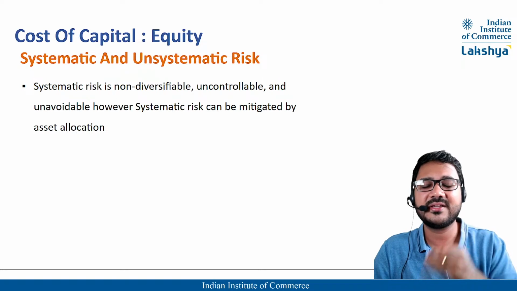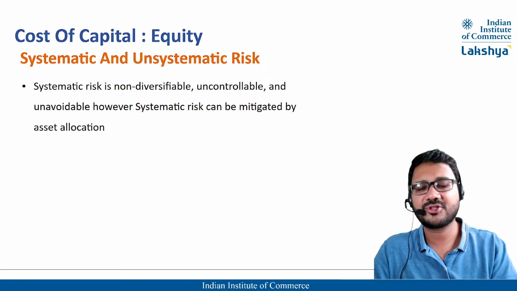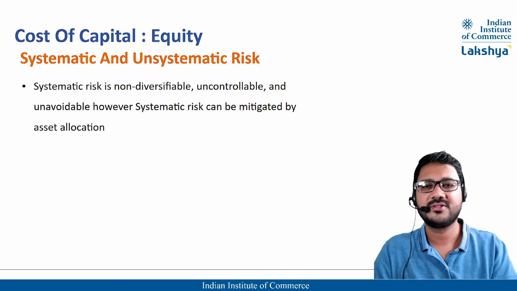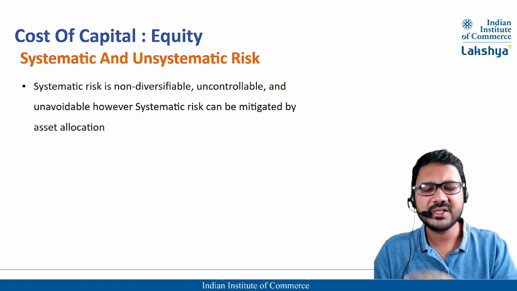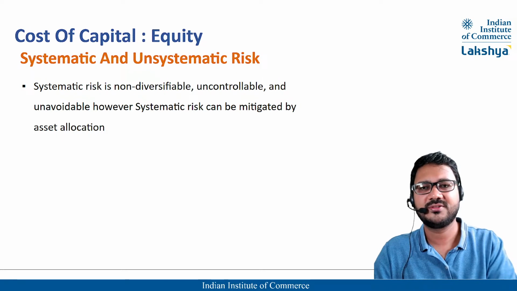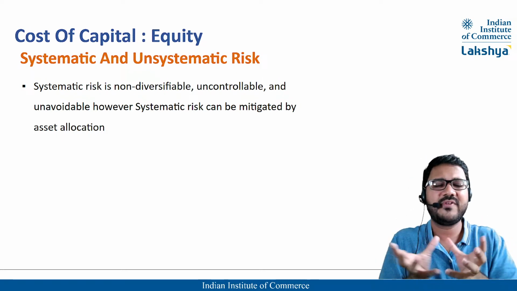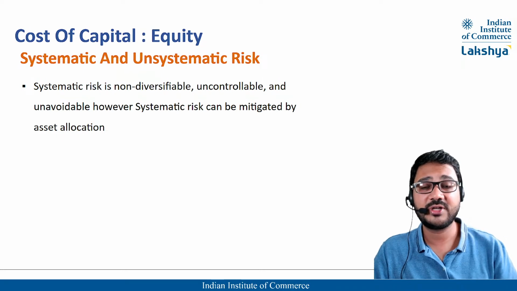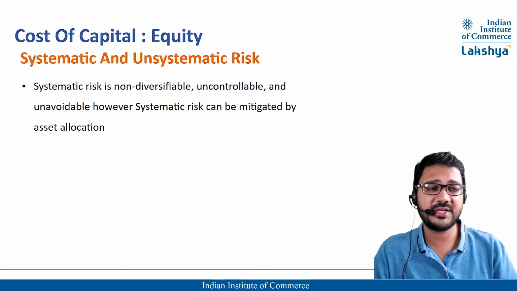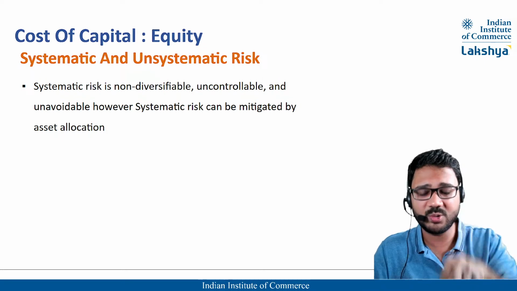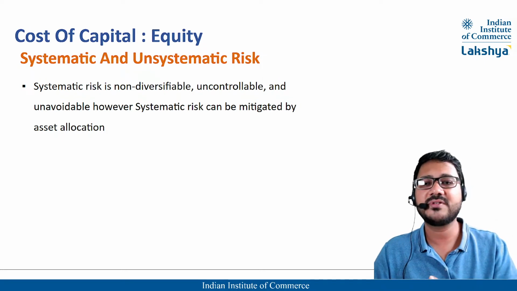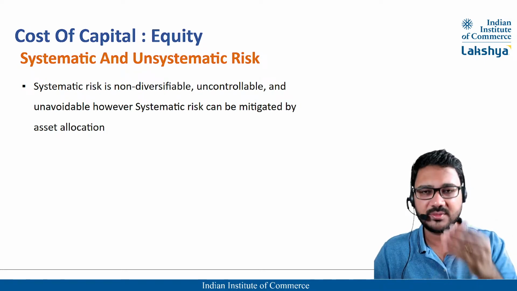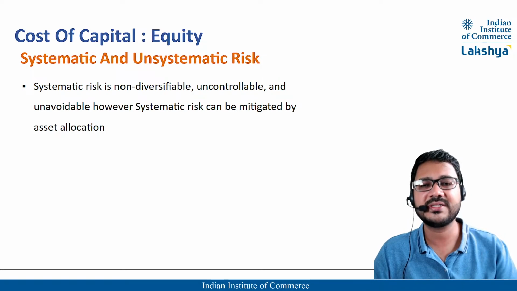So you are investing a little in gold, a little in silver, a little in stocks, a little in real estate, a little in, say, cryptocurrencies. So you have various asset classes within your portfolio. Diversification can be between asset classes, and within one asset class you could have further diversification.